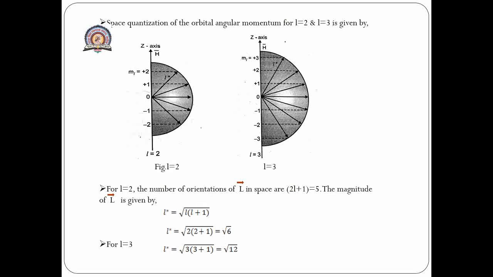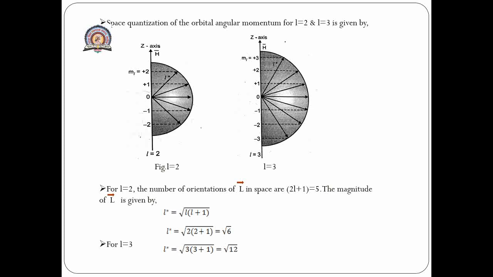Here, as shown in the figure, there is the space quantization of an orbital angular momentum for L equal to 2 and L equal to 3 electrons. In the first figure, the magnetic field is along the z axis, and ml has values from plus 2 to minus 2.